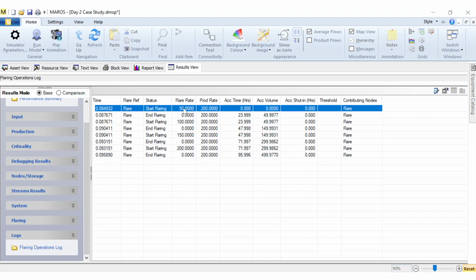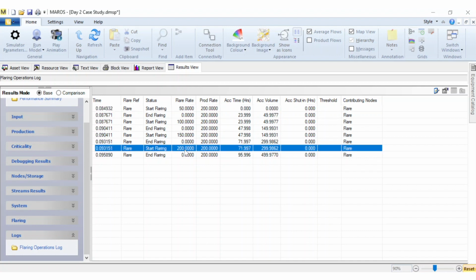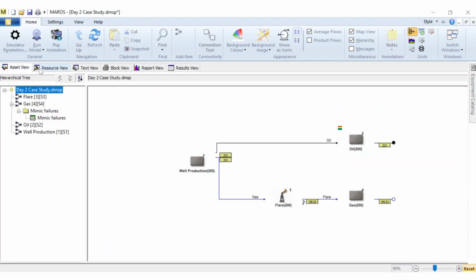The first schedule activity mimics a 25% loss, so that is 50 units, up to a full loss, which is 200 units of flare. In this column, we can see that the oil production rate still carries on at full capacity, and this is aligned with what we saw in the animation earlier.